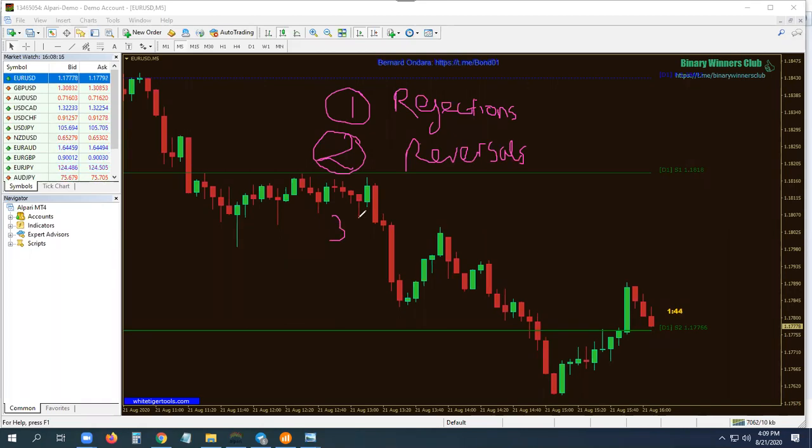Technique number 3, you can do closes, close, open. So those are 3 techniques you can use the pivot point indicator for. You can trade a rejection of a pivot point. You can trade close or open. You can trade reversals. I'll show you each of these.